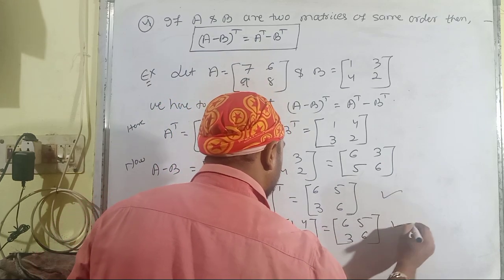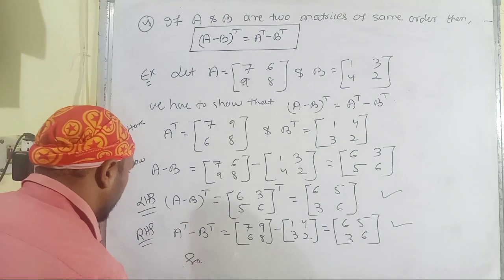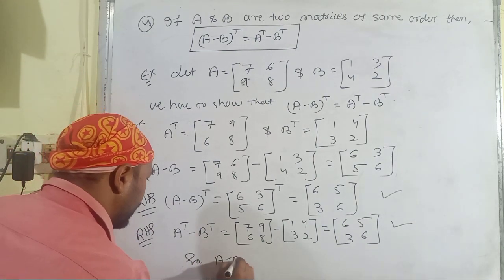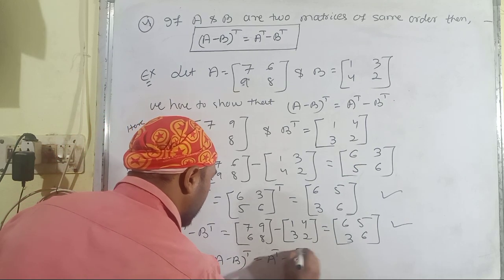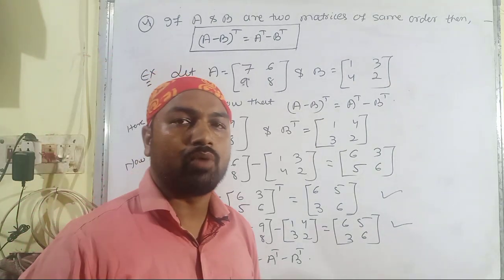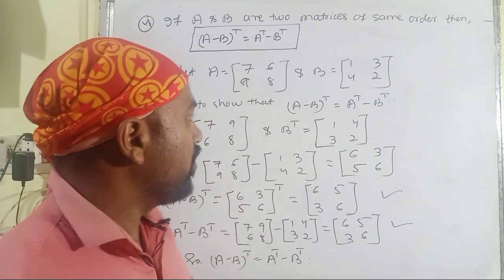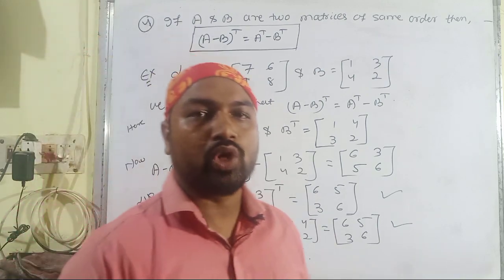Now we can see that both of them are equal with each other. So we can write down that transpose of A minus B is equal to A transpose minus B transpose. So here it is the completion of property number 4. Now let us go through the last property, the fifth property of transpose of matrices.